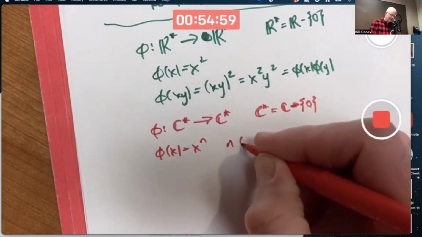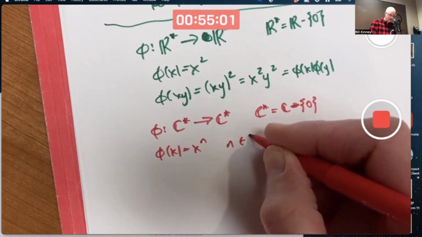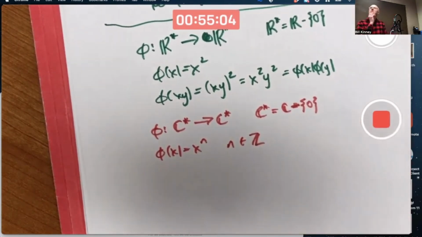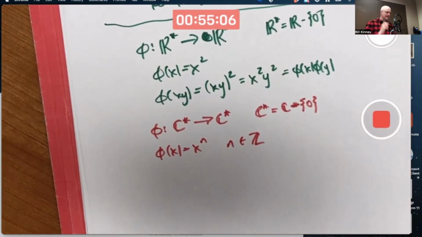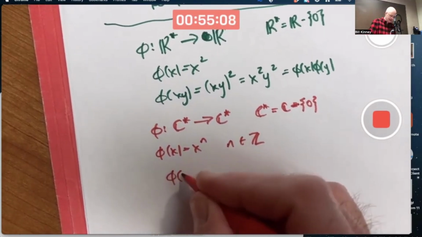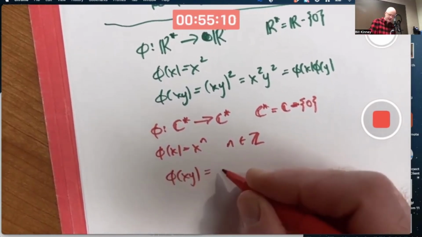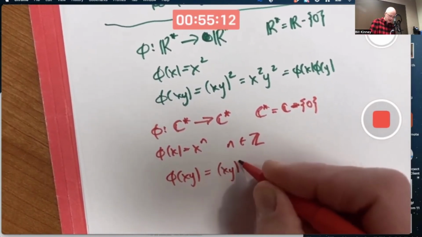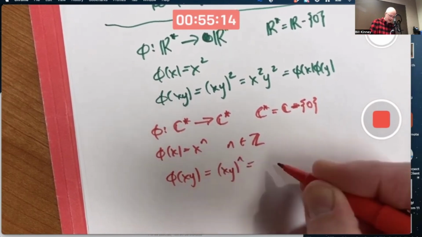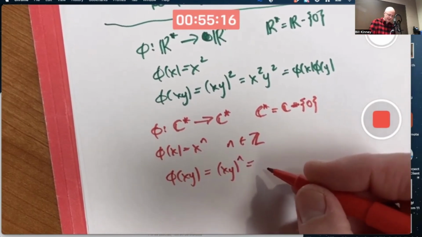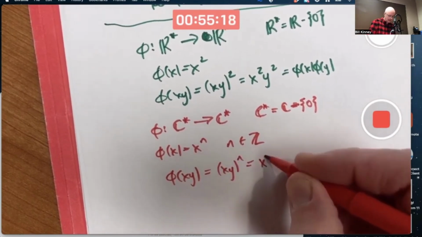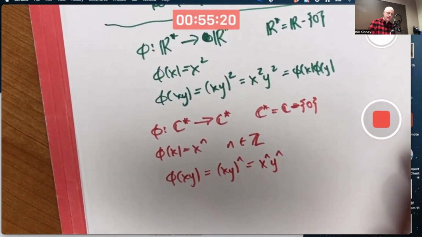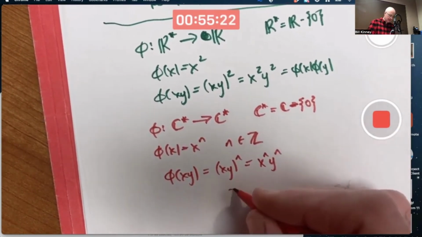N is, in fact, any integer, even negative integers, I believe, work. Yeah, there's nothing about n having to be a positive integer here for this to work. And I'm not dividing by 0 when n is a negative integer because I'm excluding 0 from the group that I'm thinking about.